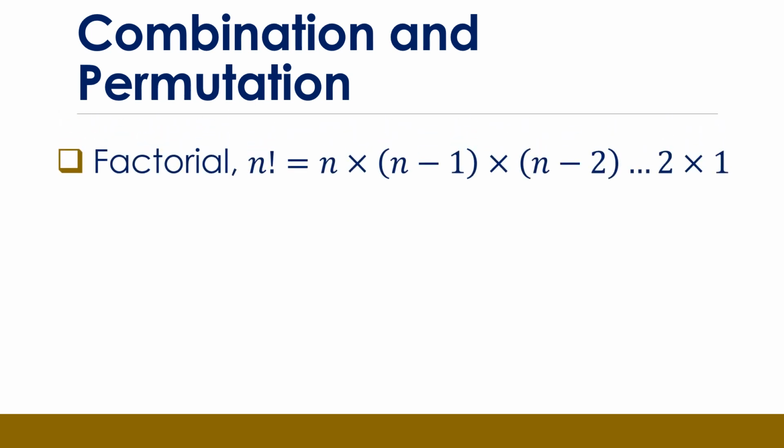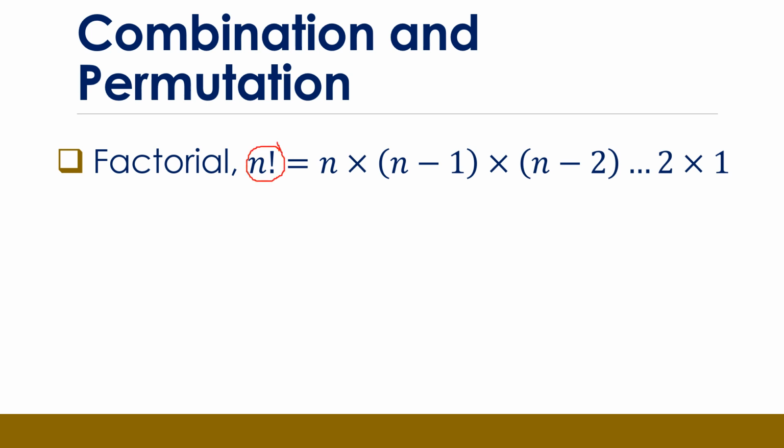In that case, we use the factorial. The factorial of a number n is the product of all possible positive whole numbers less or equal to n, which is read as n factorial, n with an exclamation mark.